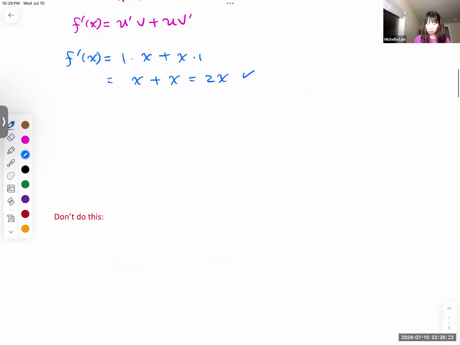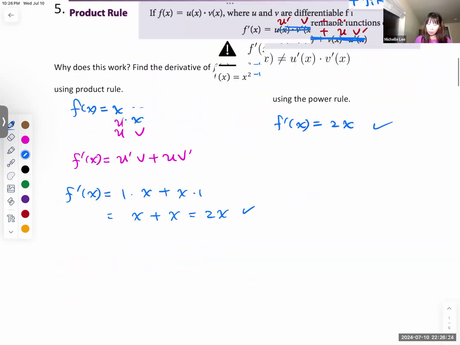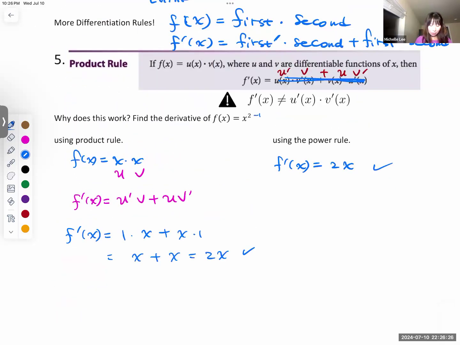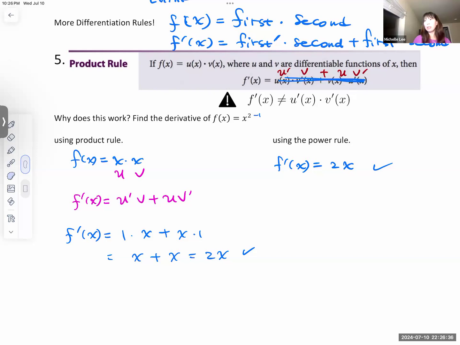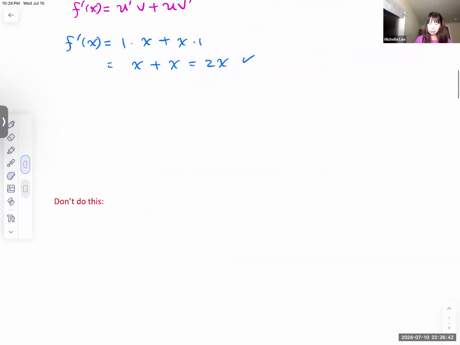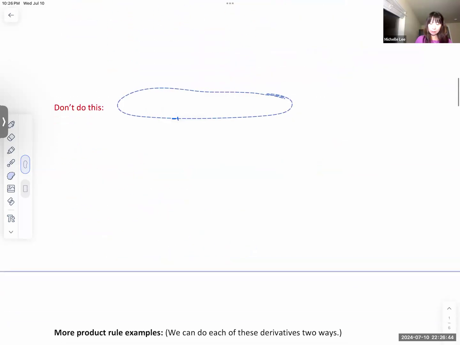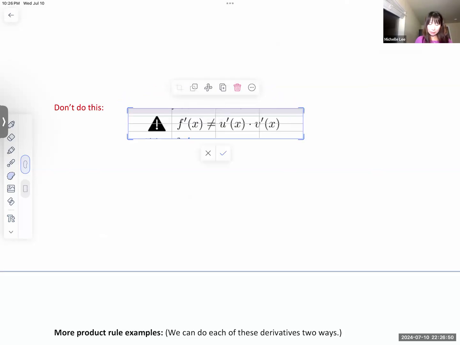Okay, now don't do this. There is a warning like that. So the product rule, we cannot do it like that. If you do like this, I'm gonna call your girlfriend or boyfriend. So don't do this.